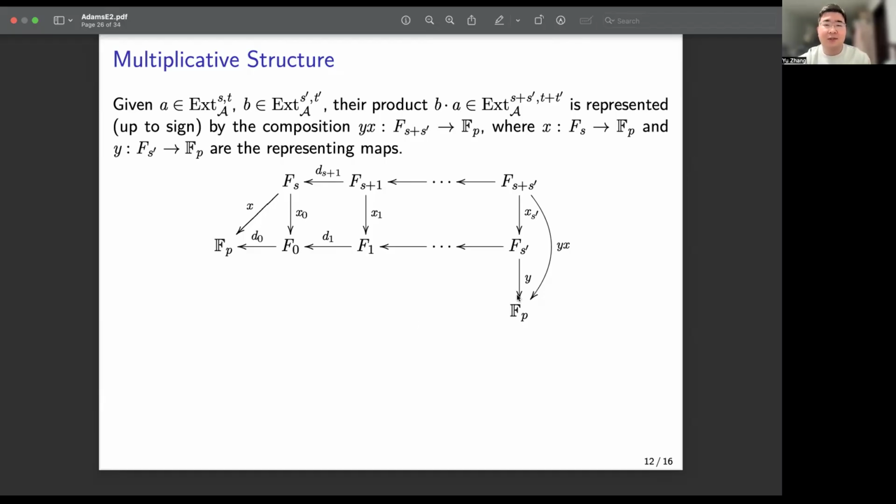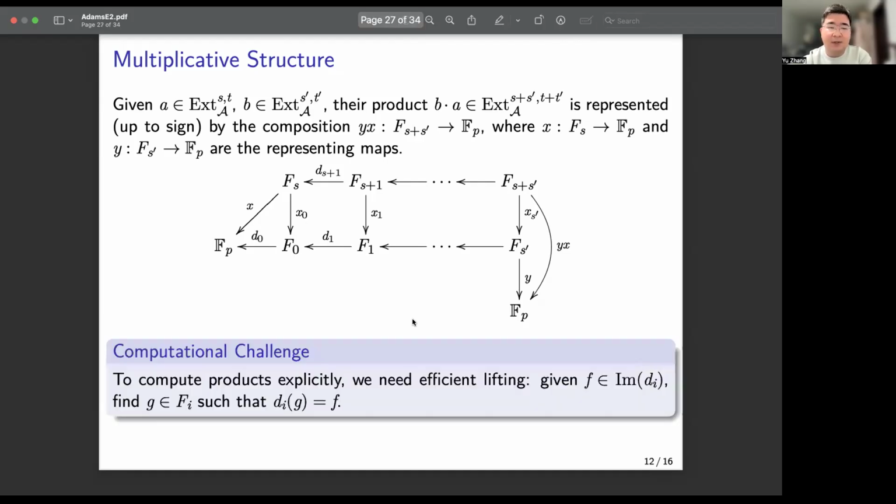So in practice, to compute products of these Ext elements, the main difficulty is that we need an efficient algorithm to find the liftings. To phrase this problem, we are given an element f and we know it is in the image of the structure map. And the problem is to find a pre-image of that.